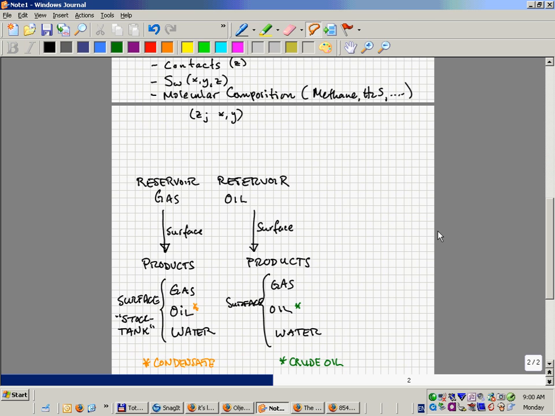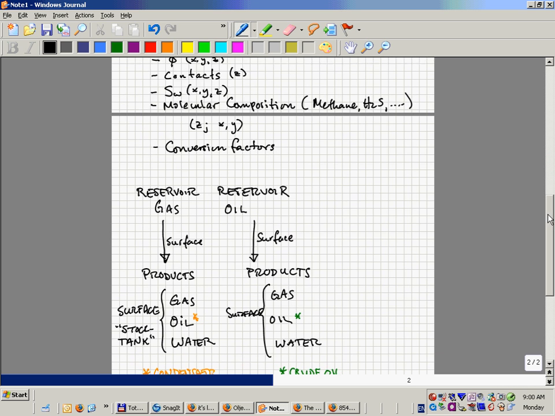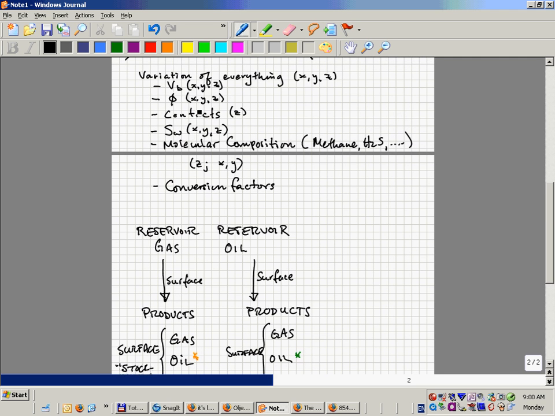Okay, we need one more on the list, and that is the conversion from a reservoir volume to a surface volume. We need these conversion factors, because the information up here will only tell us what's in the reservoir.